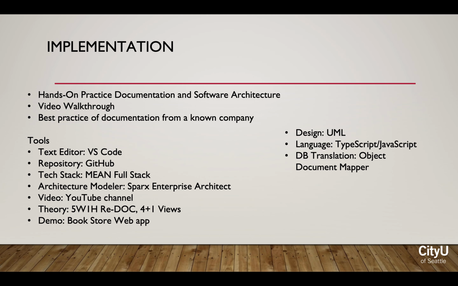And then keep that same picture, go to hands-on practice 2, and expand that picture, go to hands-on practice 3, expand that picture a bit more. So we'll try to do that. And then if we have more time, we can create a video walkthrough as well. Again, you can put this in your repository. It will really, really be helpful for people. And then we can also grab a best practice of documentation from a known company like Google or Apple, whatever.